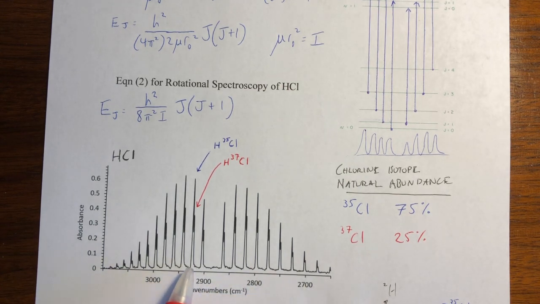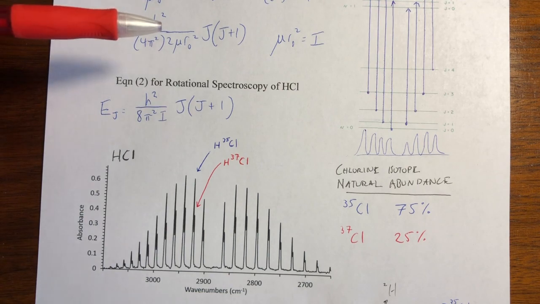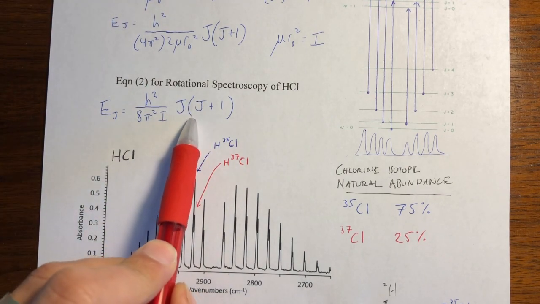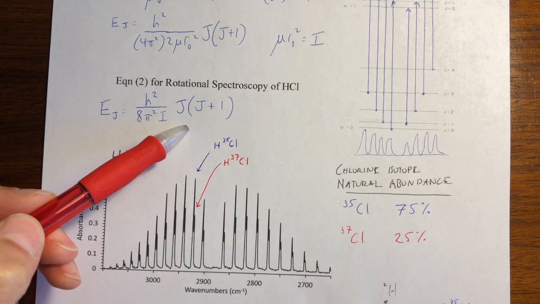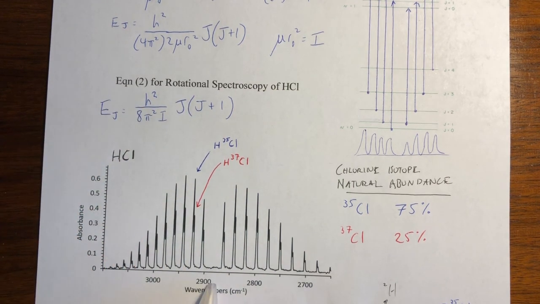And each one of these peaks represents transitions between J states from the ground vibrational state to the excited vibrational state, showing that indeed these J values really do exist as a result of LS coupling, otherwise known as Russell-Saunders coupling.